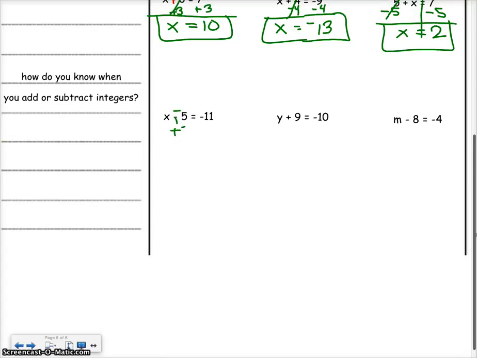So I'm going to plus 5, plus 5. Now look, that canceled. Now, Ethan got it. X equals 6, but here's the thing. I have a negative and a positive, so they're different. That means I subtract them. 11 minus 5 is 6. I have more negatives. X equals negative 6.